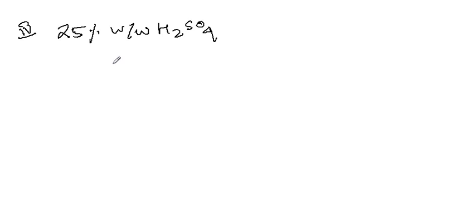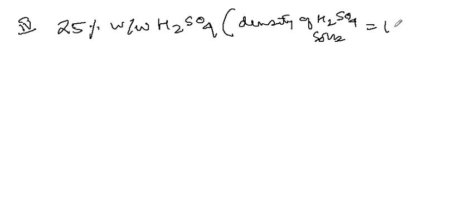Let's say we have the concentration term given to us in terms of percentage by mass. So we have 25% by mass of sulfuric acid. The density of the sulfuric acid solution is 1.84 gram per ml.